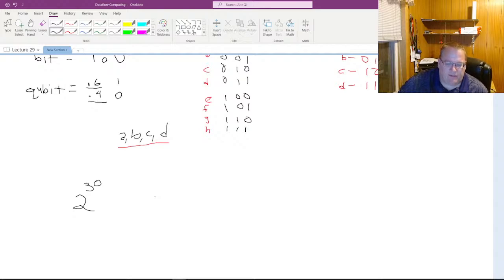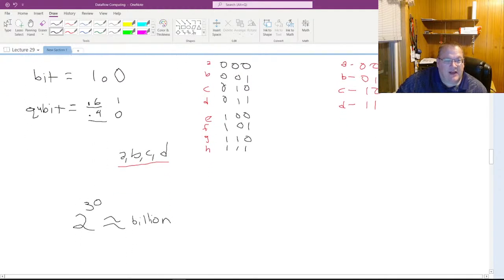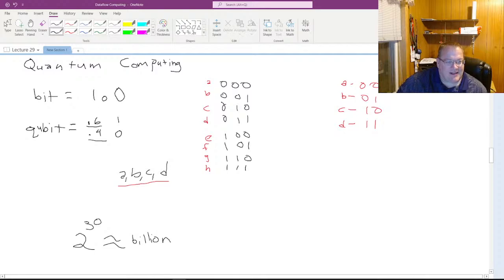That's just a rough number. It's going to be higher than that, but that gives us a magnitude of how much it is. That's roughly 1 billion. That's 30 bits, 30 qubits.